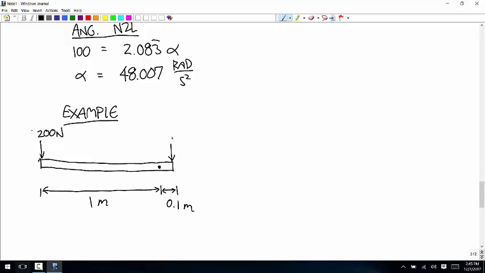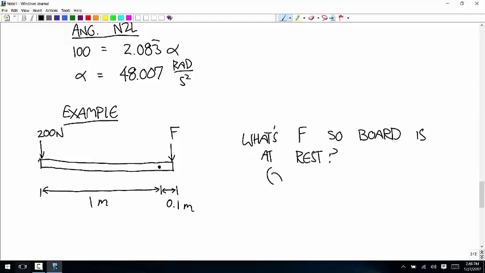And here there's some force F applied. What's F required so that the board stays at rest? In other words, so the angular acceleration is equal to 0.